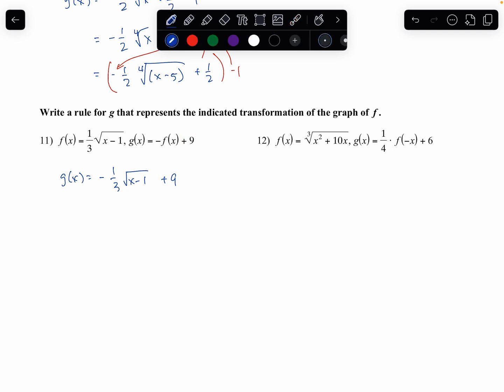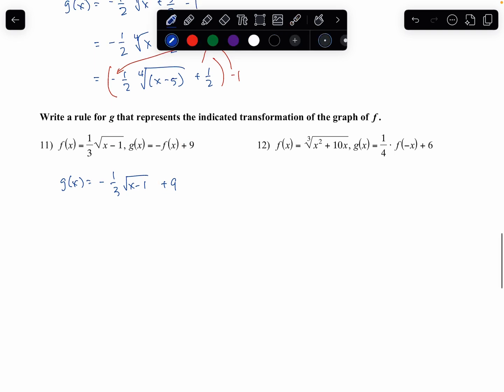So there you go. And then for this one right here, we've got 3. So we've got the shrink by 1/4, reflection over the y-axis, and then add 6. So let's first do the shrink by 1/4. So that just means that it's going to be 1/4 times the cube root of x squared plus 10x.